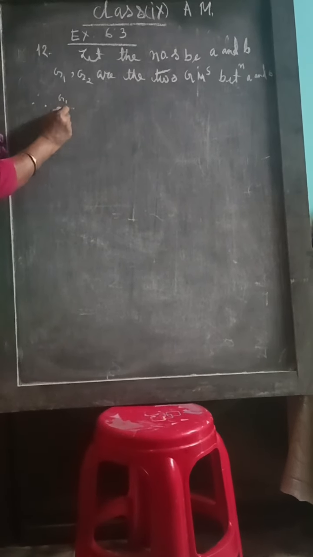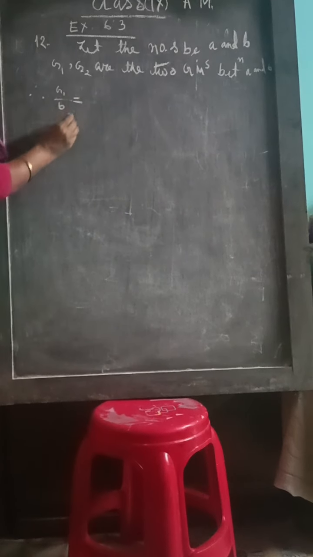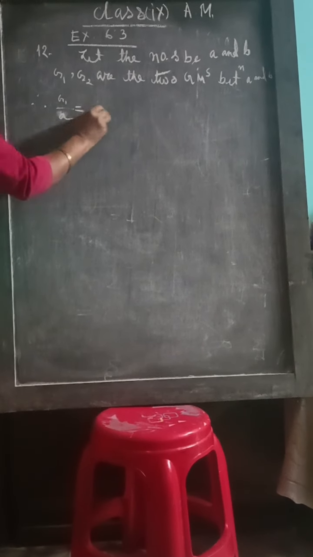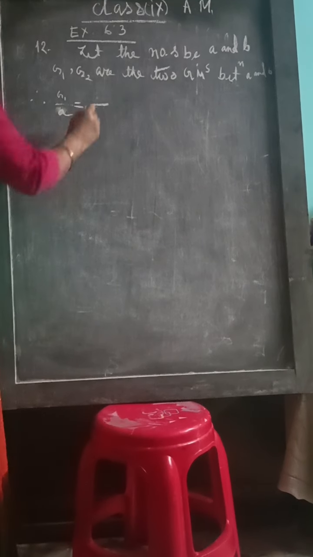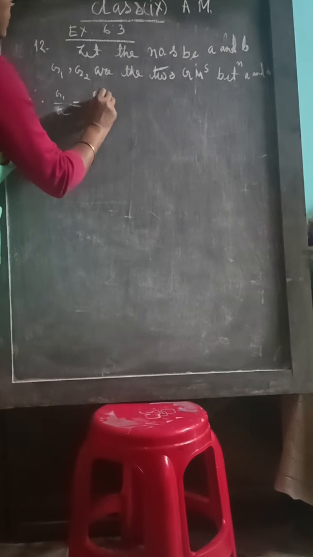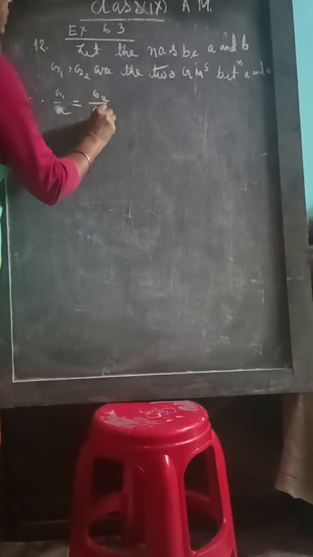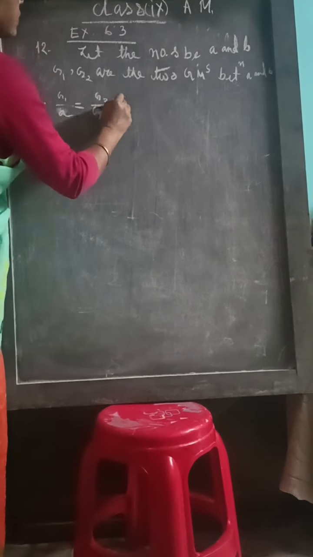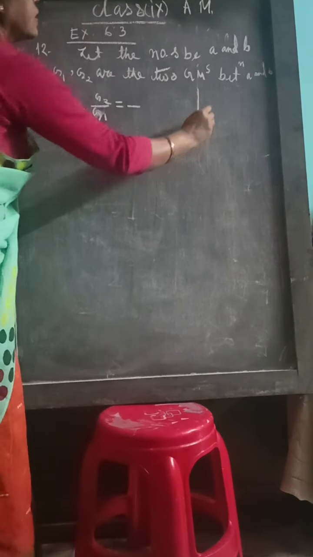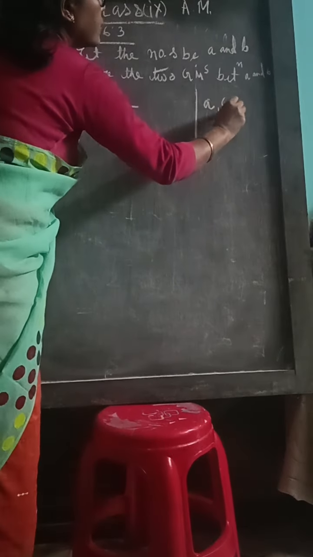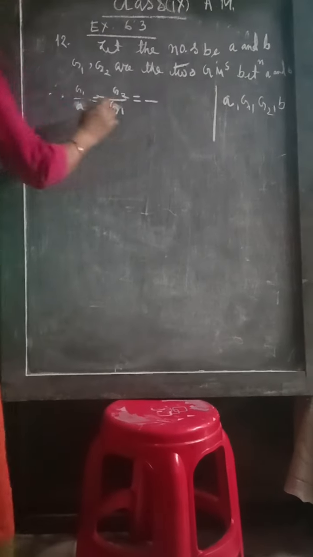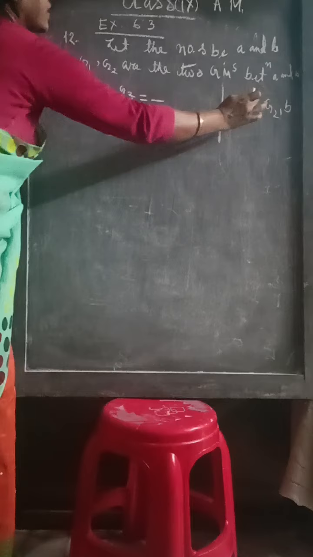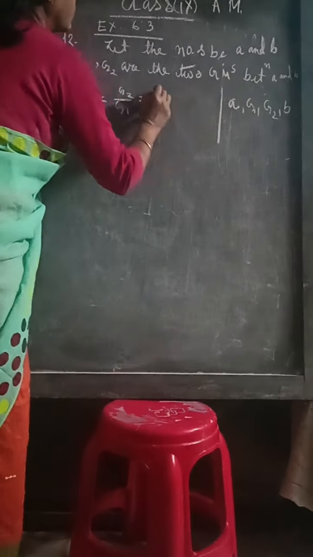G1 by A is equal to G2 by G1 is equal to B by G2. These are A, G1, G2, B.